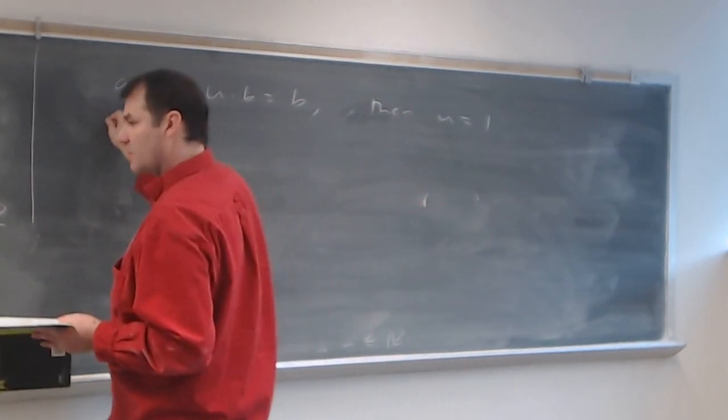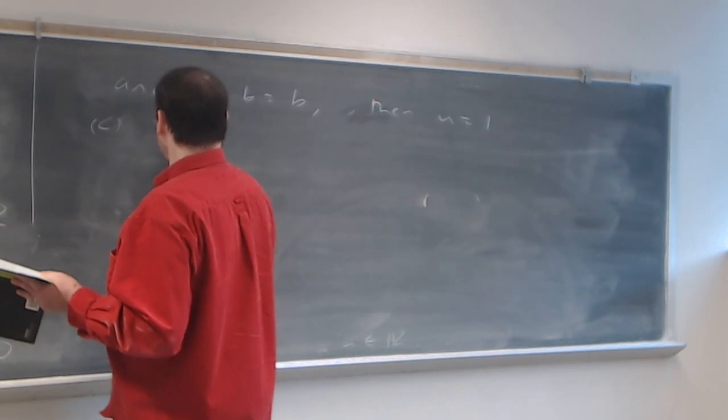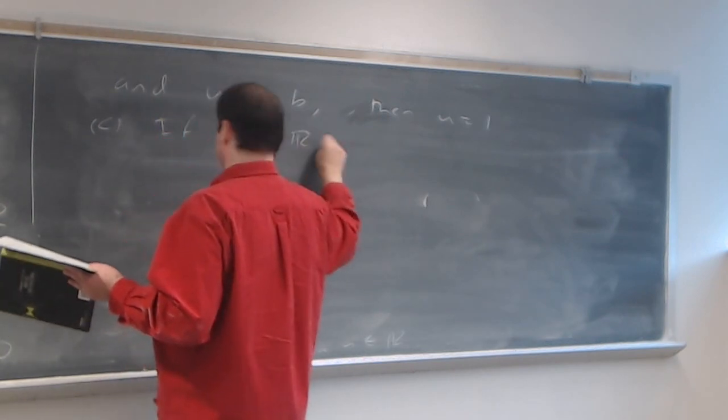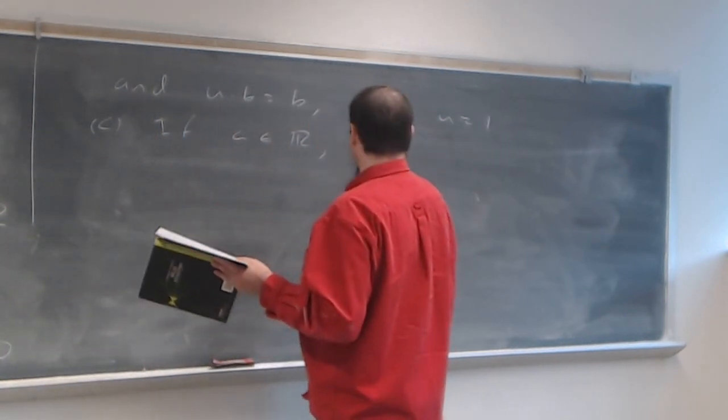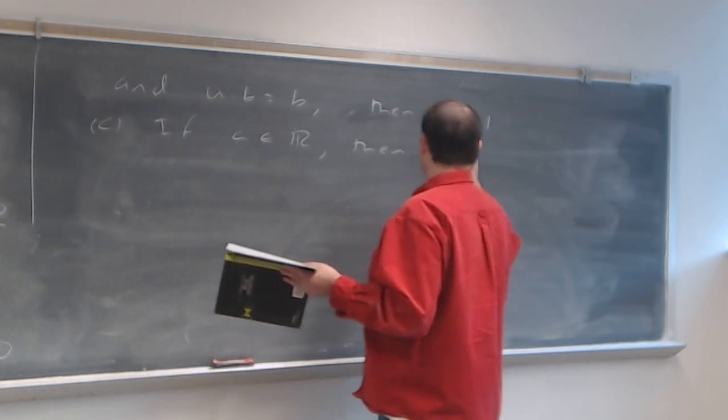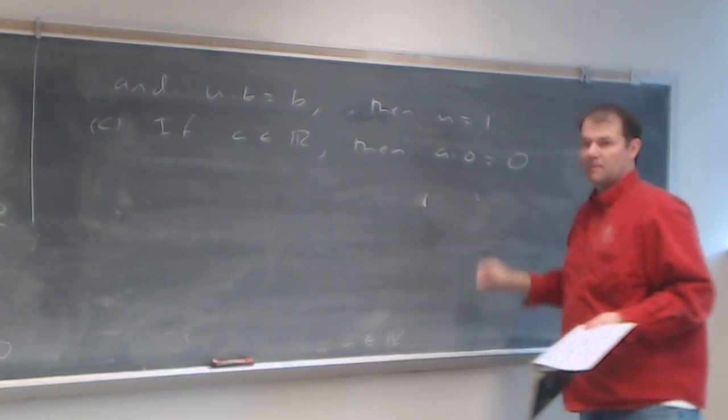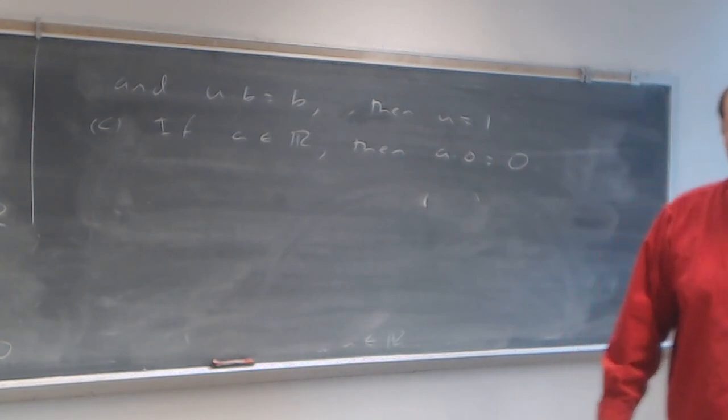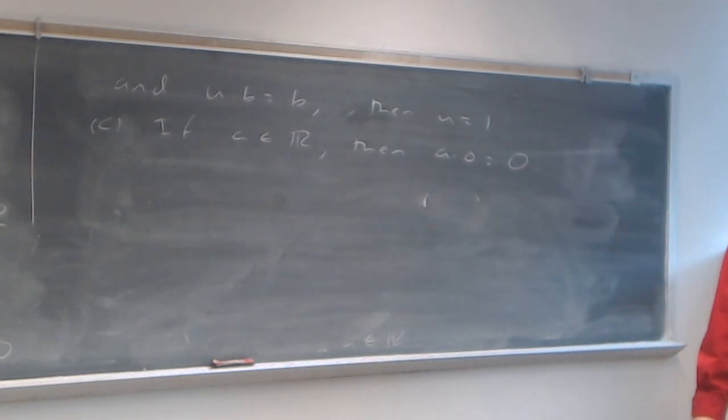And lastly, this is part C of the statement. It says, if A is an element of R, then A times 0 equals 0. So that's the first statement. I haven't proven it, but that's the first statement.